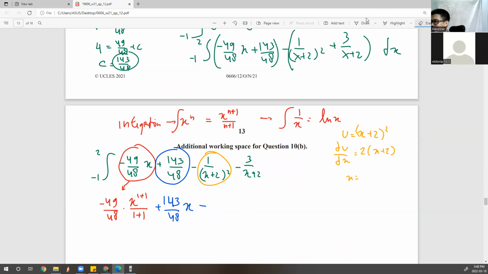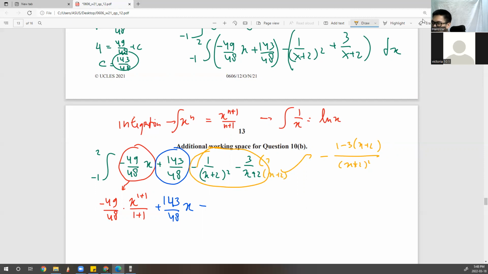Okay, let's try to combine them. A moment, please. I'm thinking. I want to combine this first. Okay, it becomes minus x plus 2 square, and this is x, 1, yeah, 1. Subtract 3, x plus 2, right? Yes, that is. Because I multiply by x plus 2 in order to make the denominator equal, right?